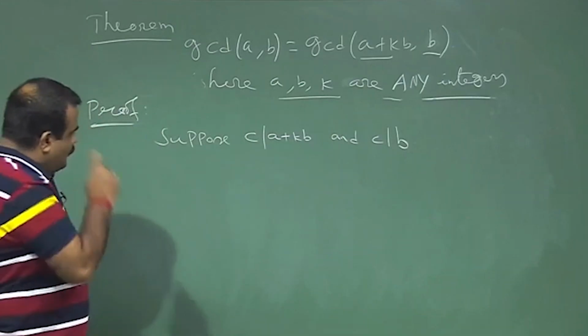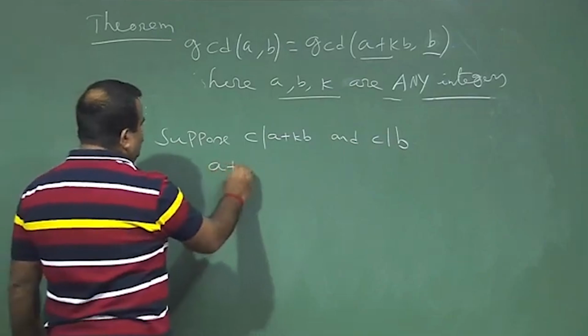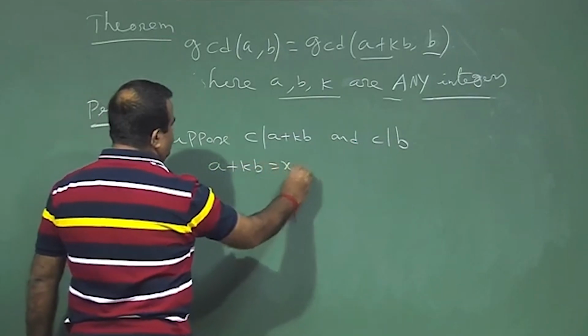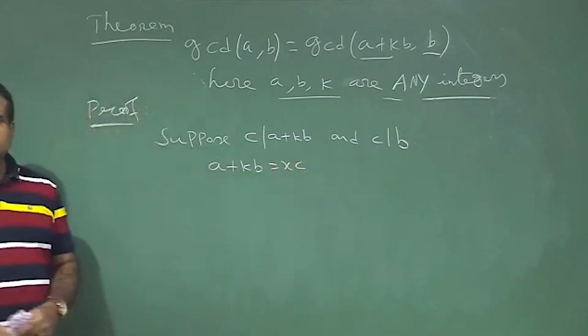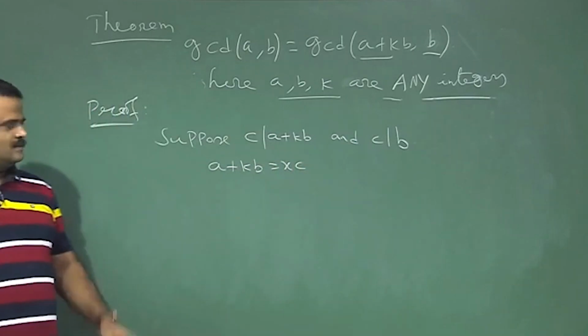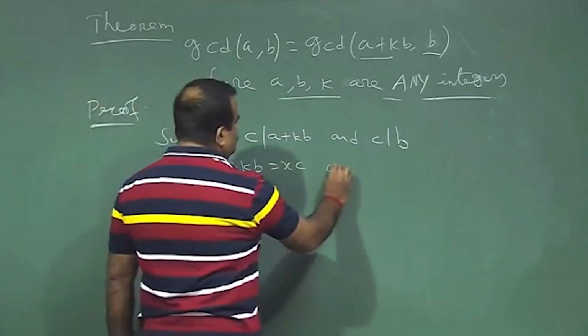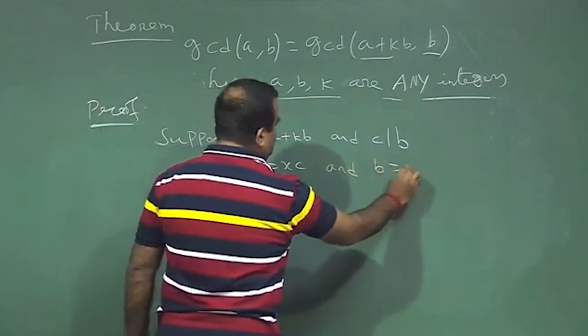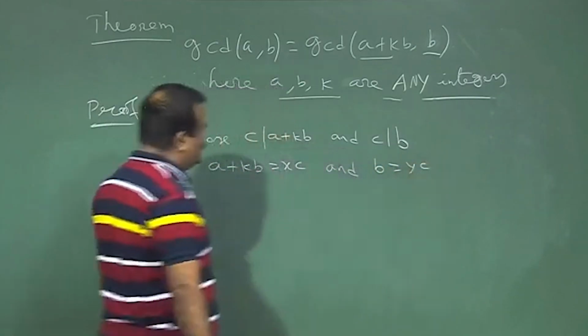C divides A plus KB means A plus KB can be written as some integer x times C, and C divides B means B can be written as some integer y times C.